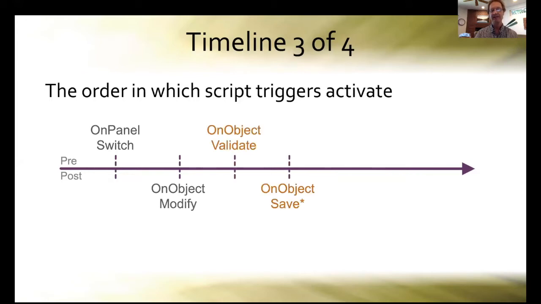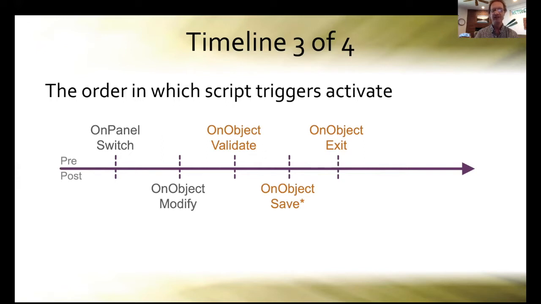On object validate, save, and exit, and I've colored these specially because they form kind of a triumvirate of special script triggers. Those of you who might be interested in a certain developer certification exam would do well to remember these 3 and the order in which they occur.